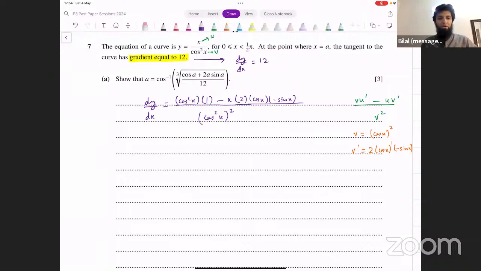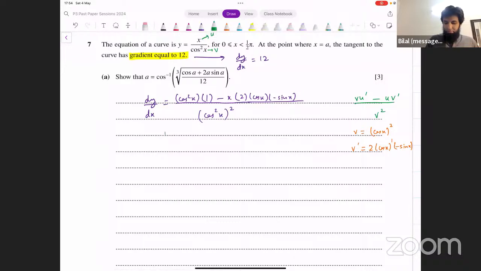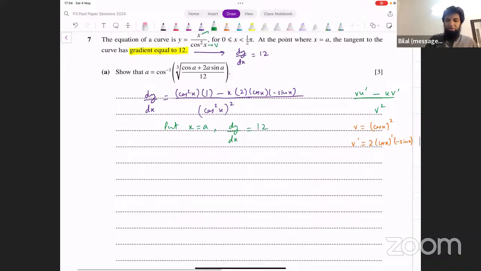Okay, once you've got to this point, now you say when x equals a, we know that the tangent to the curve, that means the curve, has a gradient equal to 12. So when x equals a, dy over dx equals 12. Let's put that and see what that gives you.